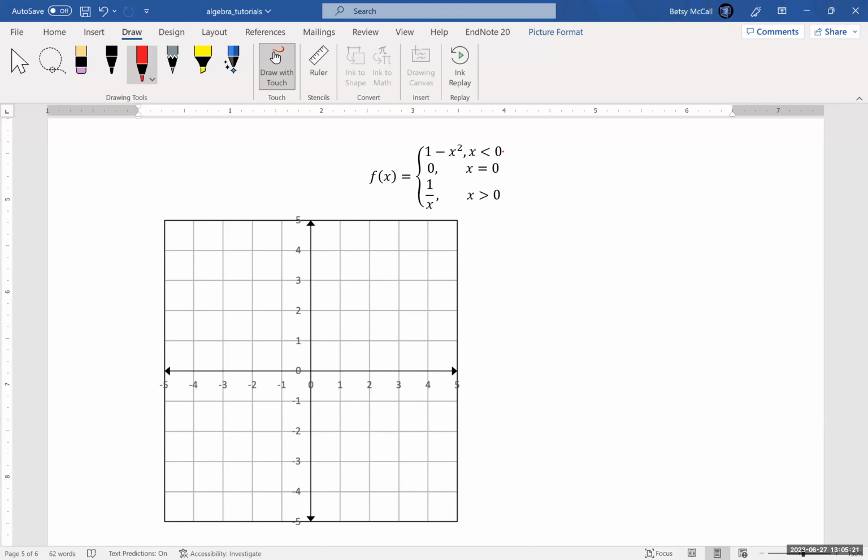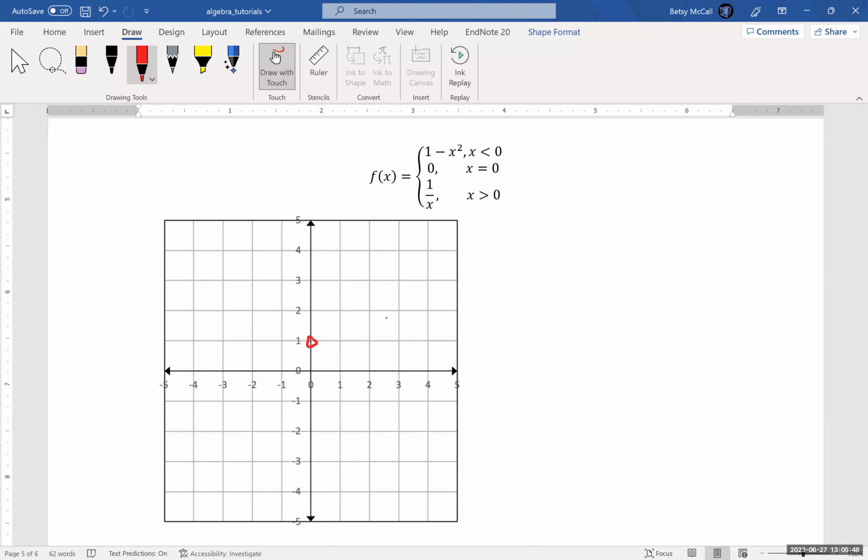When x is less than 0, we're going to have this parabola. So we're going to plug in 0. And that's going to give us 1. But again, this is less than 0. So even though we plot it, we're going to draw it with an open circle because we're going to get as close to 0, but not quite. And then we're going to plot a couple more points where x is less than 0.